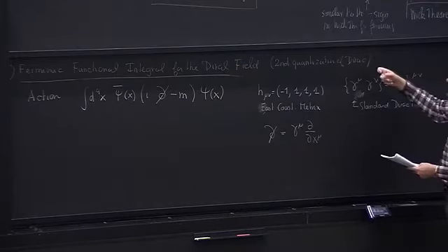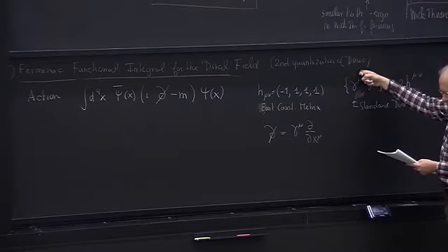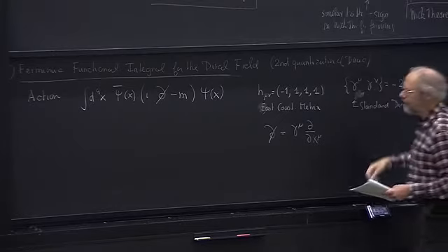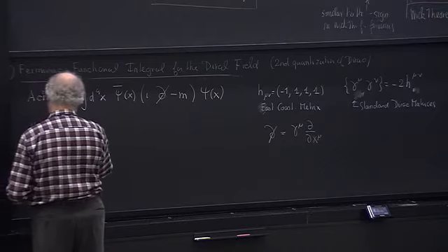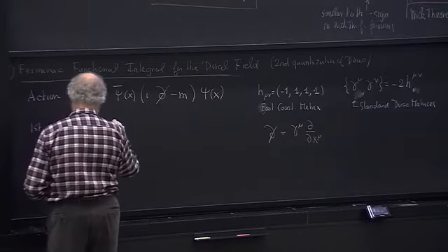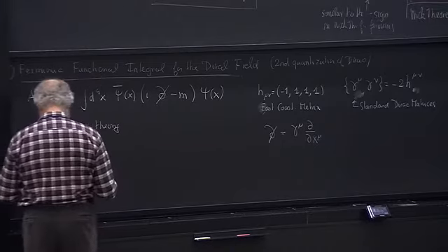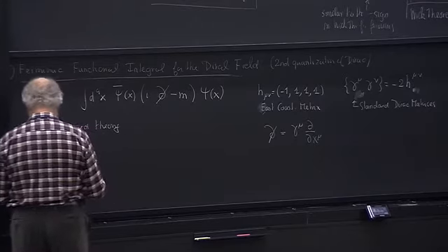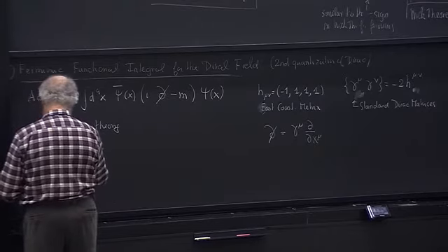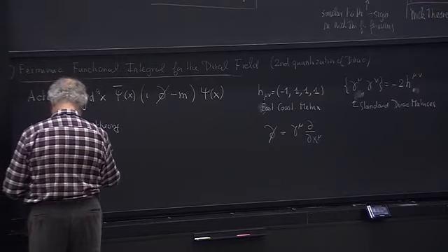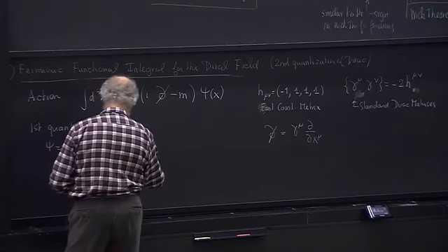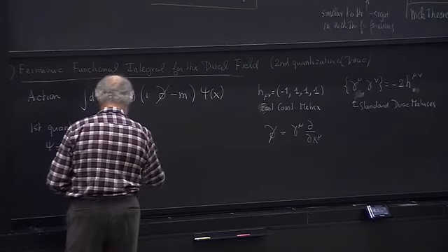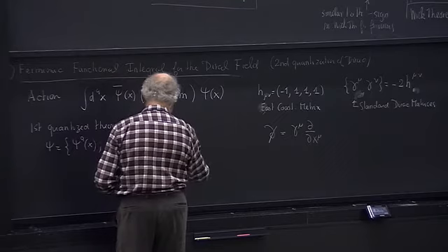Okay, so in the first quantized Dirac equation, in the first quantized theory, psi and psi bar are components of a field. So psi just denotes psi a of x, a equal 1 to 4, where a are the Dirac indices.